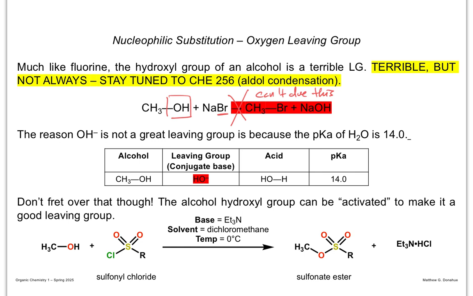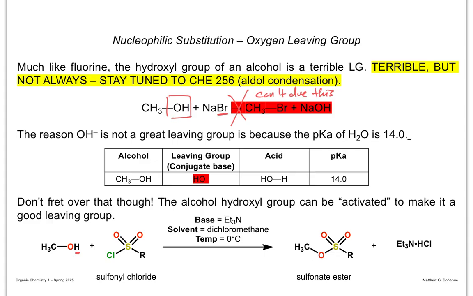But in organic chemistry, it's pretty easy to make alcohols. And once you make them, say you want to substitute them, so how can we do it? If we pay attention to this H of the alcohol, we can transform that into something else.